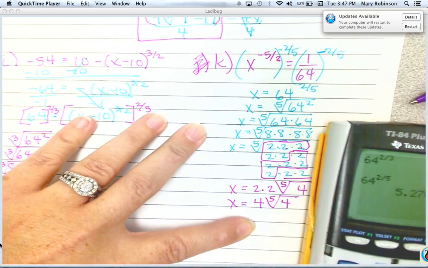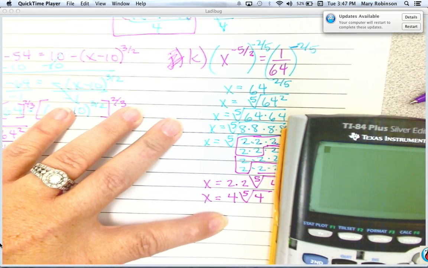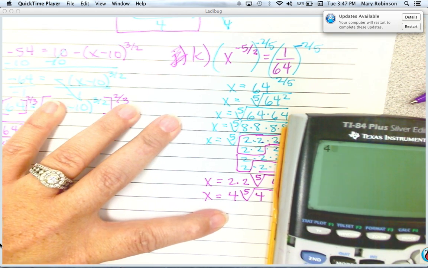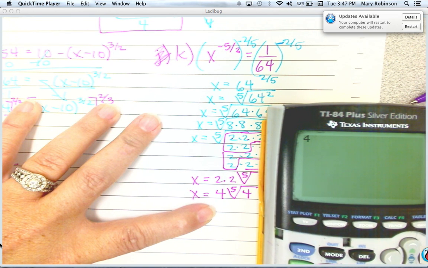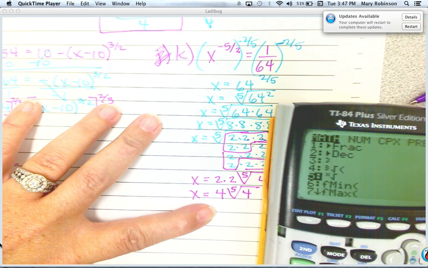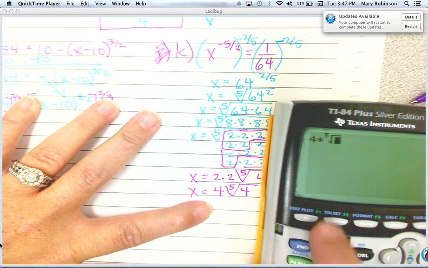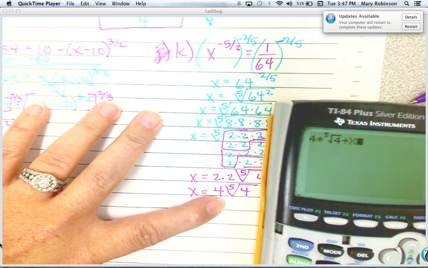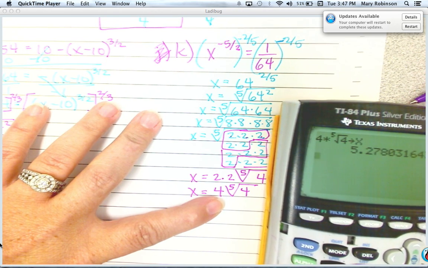All right, so when we put this in our calculator, 4, math, we want 5th root, so this is how you have to do it. You have to type in 4 times 5 for the index, and then choose math 5. So 4 times the 5th root of 4, and we store it as x. Okay?